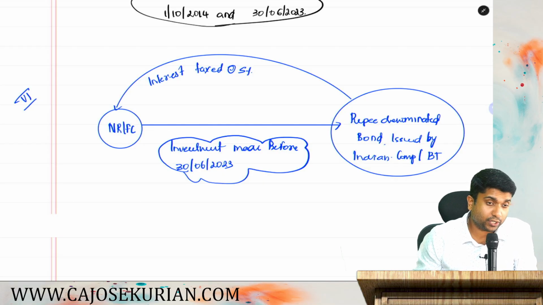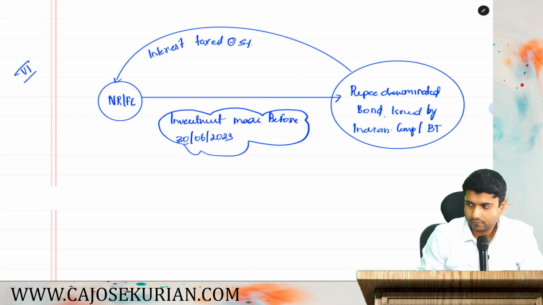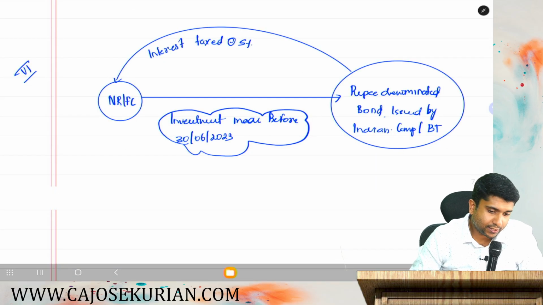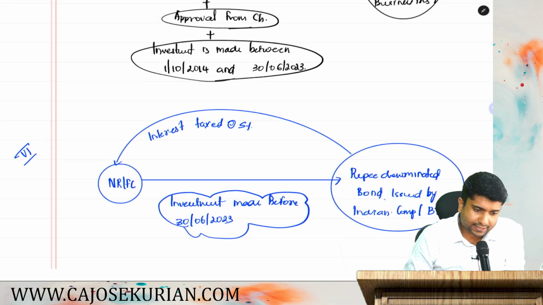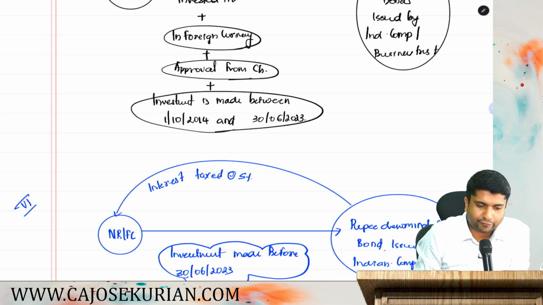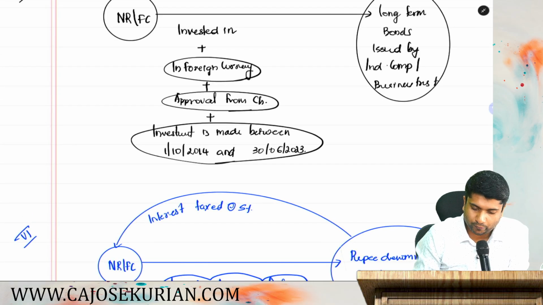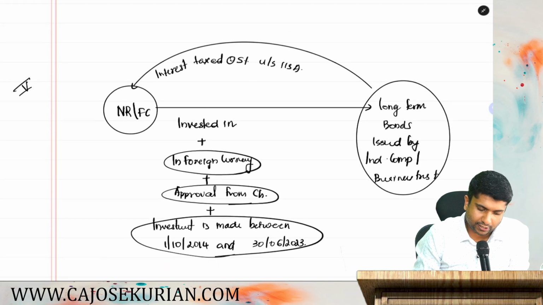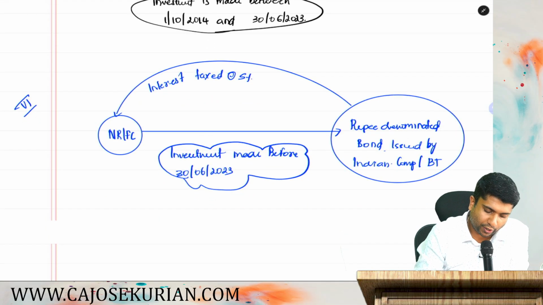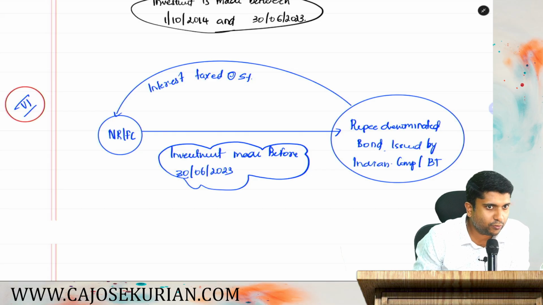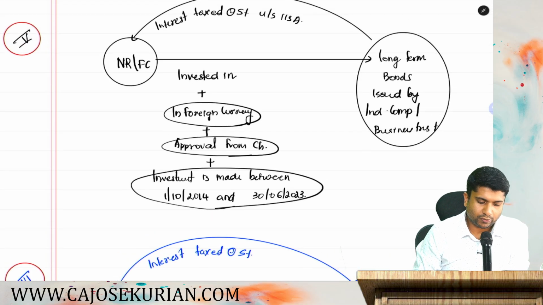I hope that point is also clear for you. Now there are a few other things that you should know. We have discussed interest from long-term bonds as well as rupee denominated bonds. Long-term bonds were covered in point number 5 and rupee denominated bonds in point number 6. Are you with me? What was point number 5?